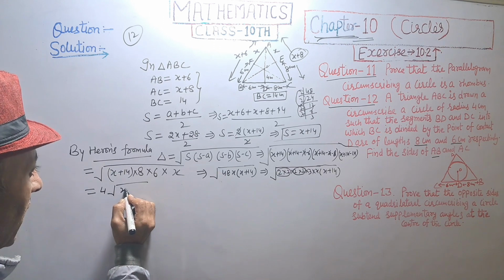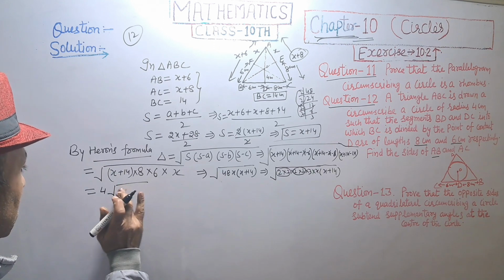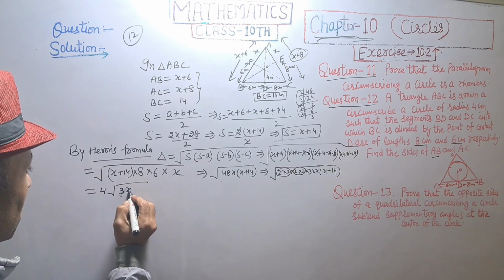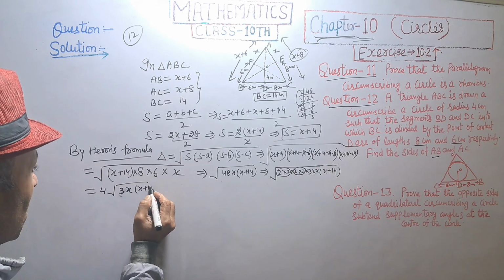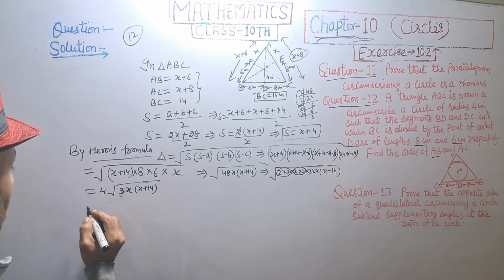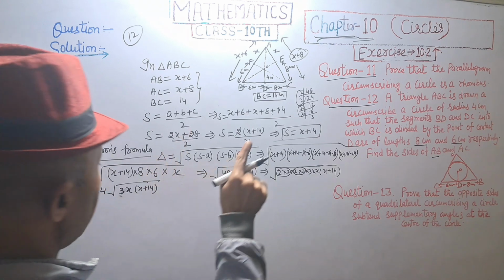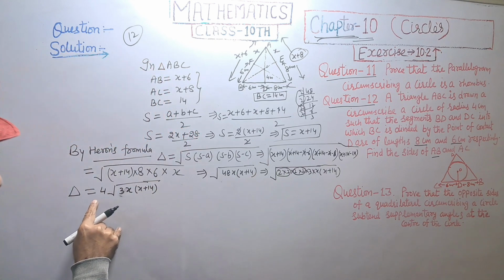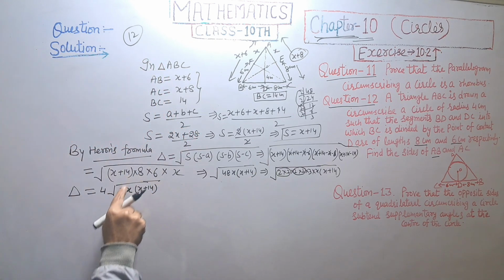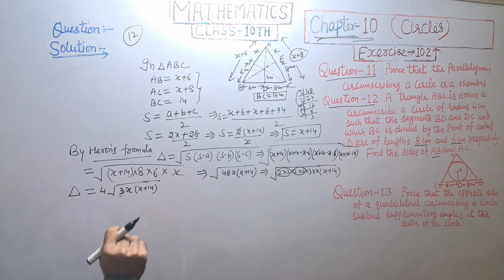We get 3x into x plus 14. Area of triangle ABC, we get 4 into root 3x into x plus 14.